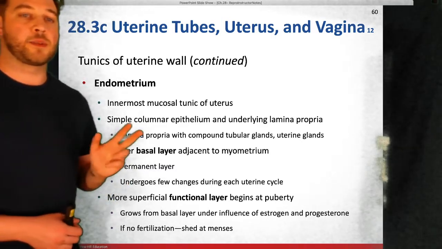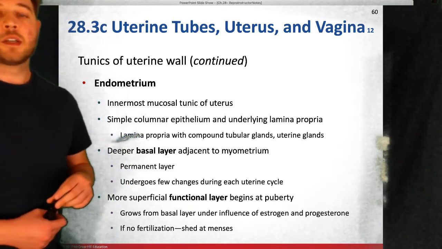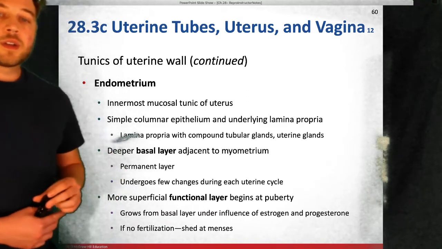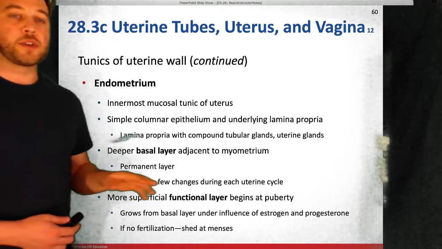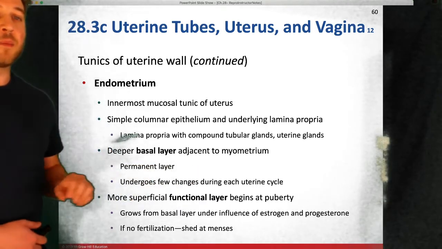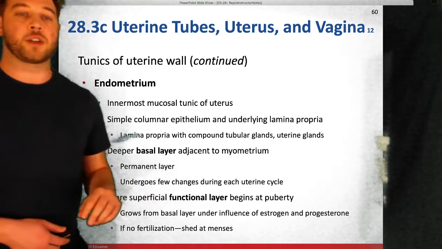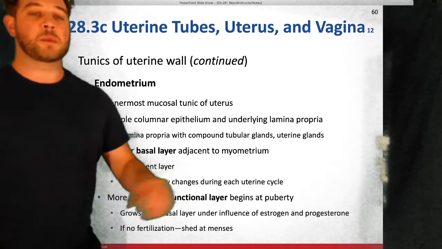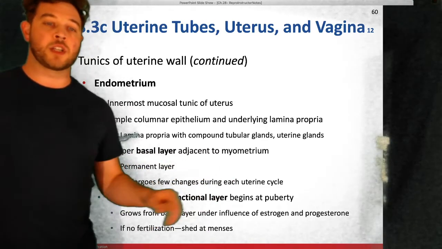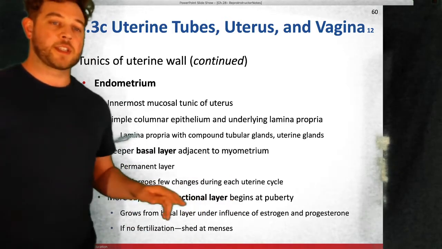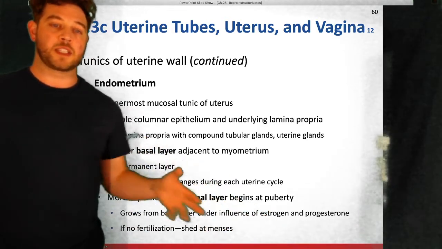It has simple columnar epithelium. Your deeper basal layer is your permanent layer. It undergoes few changes during each uterine cycle, but the more superficial functional layer begins at puberty, grows from the basal layer under estrogen and progesterone, and if no fertilization, it is shed. So this is the one that these hormones are going to be stimulating and helping to grow.